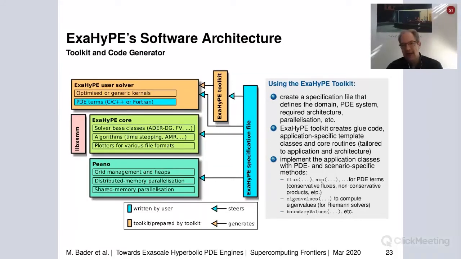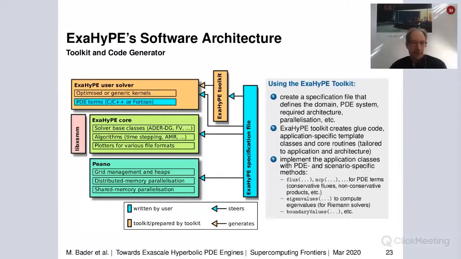Then the ExaHyPE toolkit would create tool code and application-specific templates where you need to fill in your concrete implementations that the engine cannot know. That is, how the flux terms are computed, how non-conservative products are computed. You would also have to provide code to compute eigenvalues, because these are later needed for components of the numerics, the Riemann solvers for the finite volume parts and DG parts, for example.